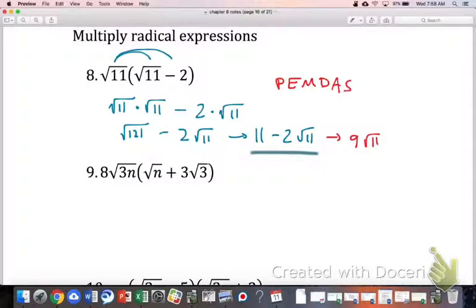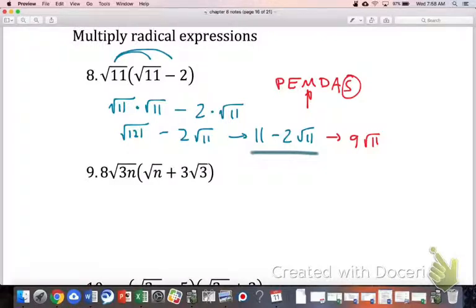PEMDAS, right? So if I were to say 11 minus 2 is 9, aren't I essentially doing the subtraction before I do the multiplication? That would be the issue. If you were going to do that, you're going out of order of operations, and you can't do that.